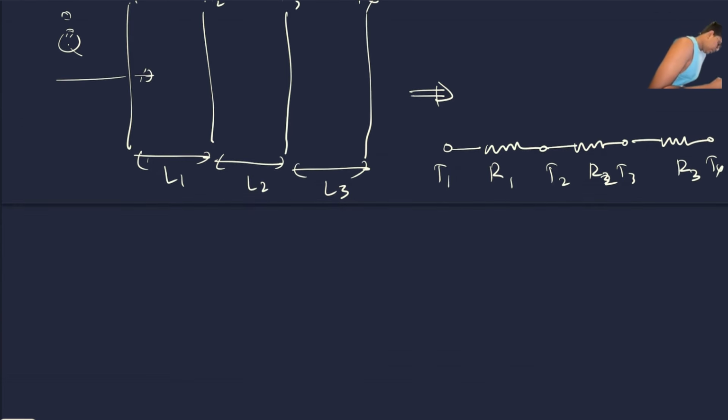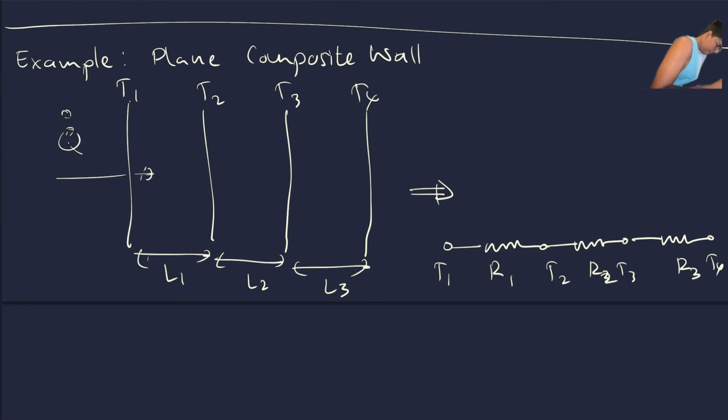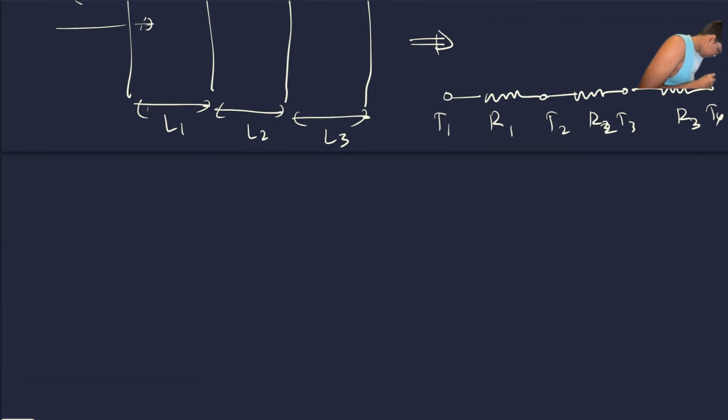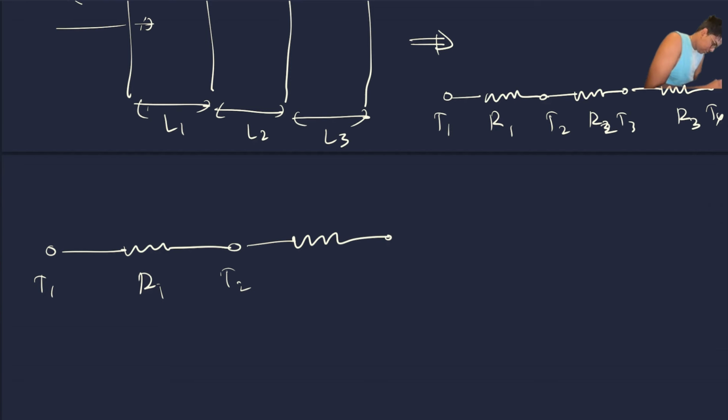So what is this? Series type heat flow. In this simple circuit, as current in series goes through all the resistors, the heat flux also has to go through all.